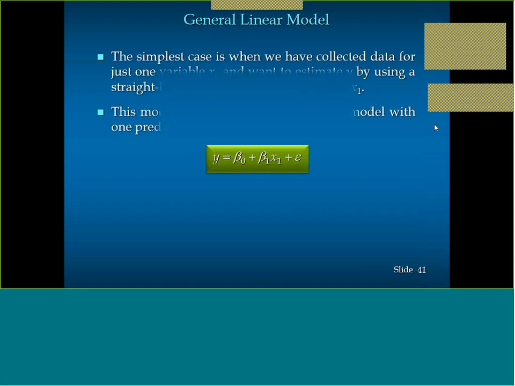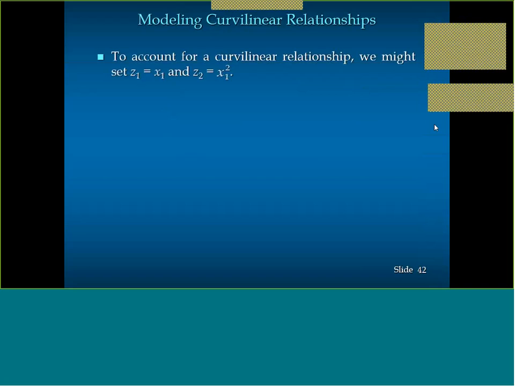Now let us move to the non-linear, or rather curvilinear. So far we have a first order model, that is beta naught plus beta 1 x. Now we'll go to a second order model.